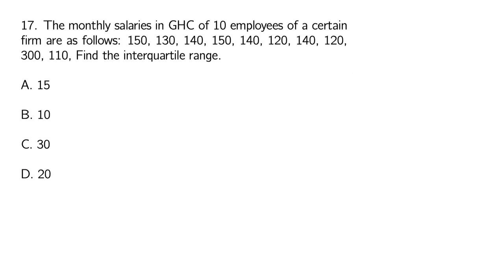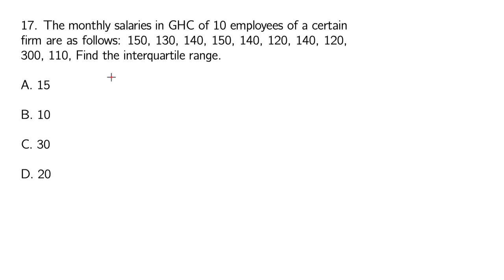The next problem is: the monthly salaries in Ghana cedis of 10 employees of a certain firm are as follows. We have these 10 numbers, and we are supposed to find the interquartile range.